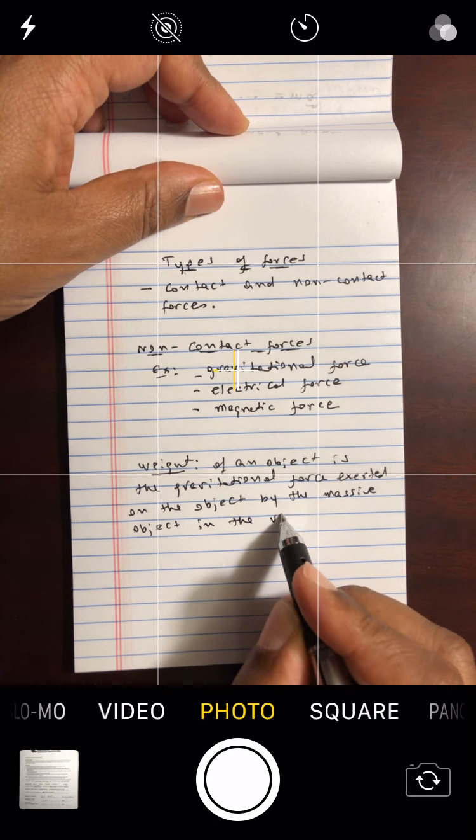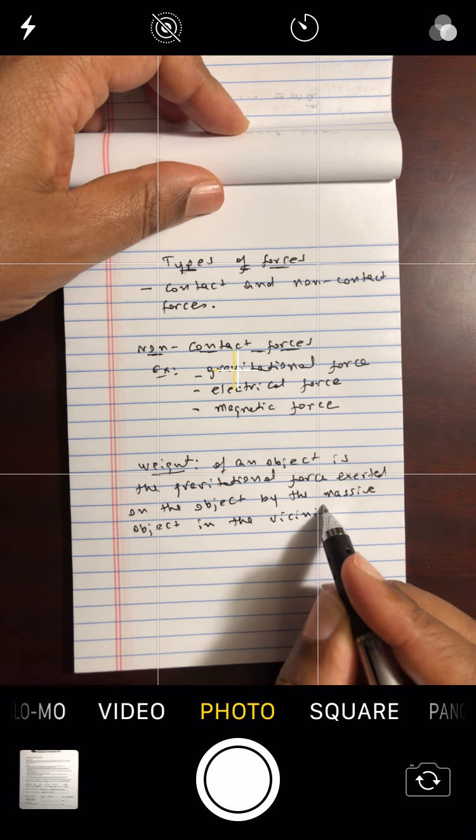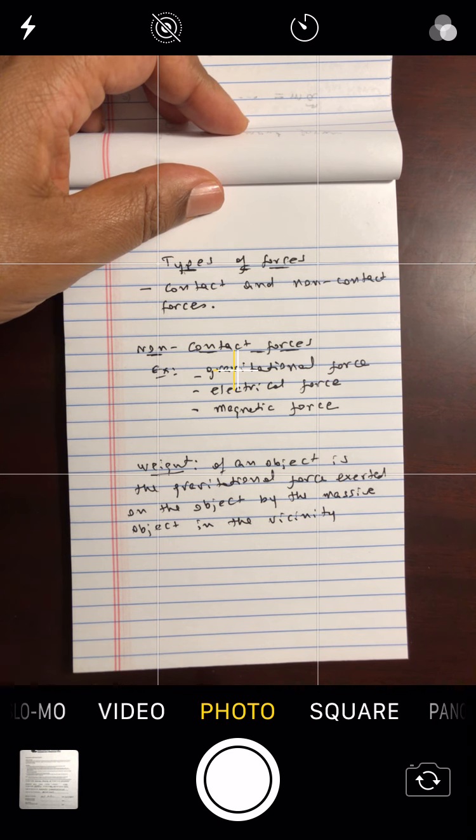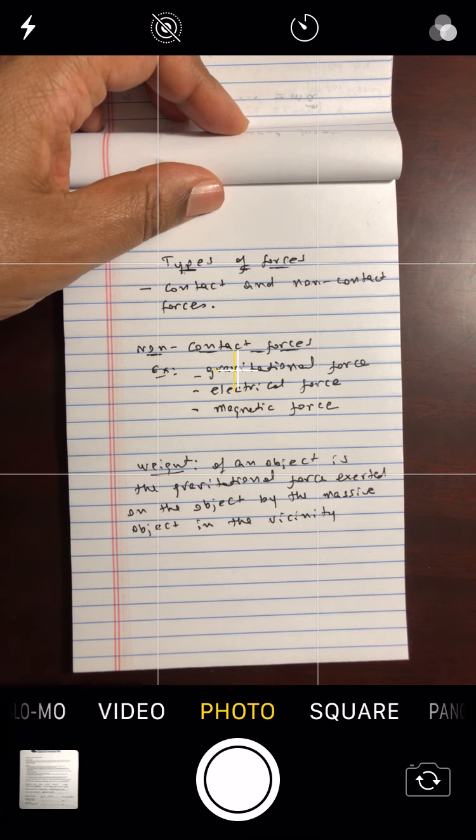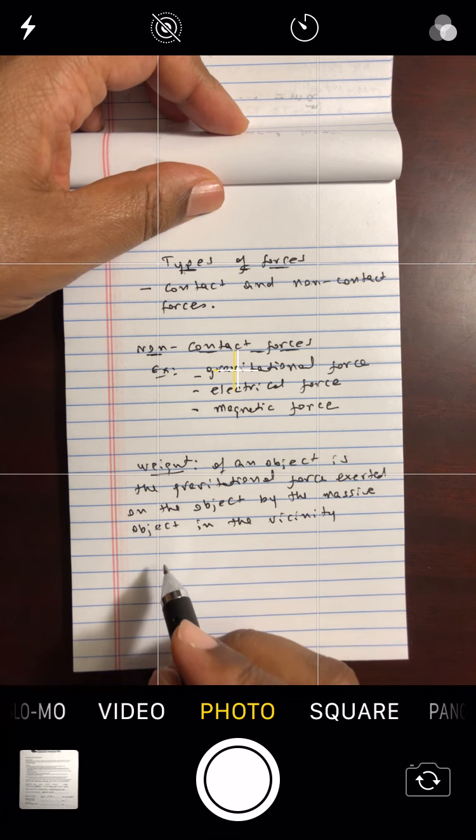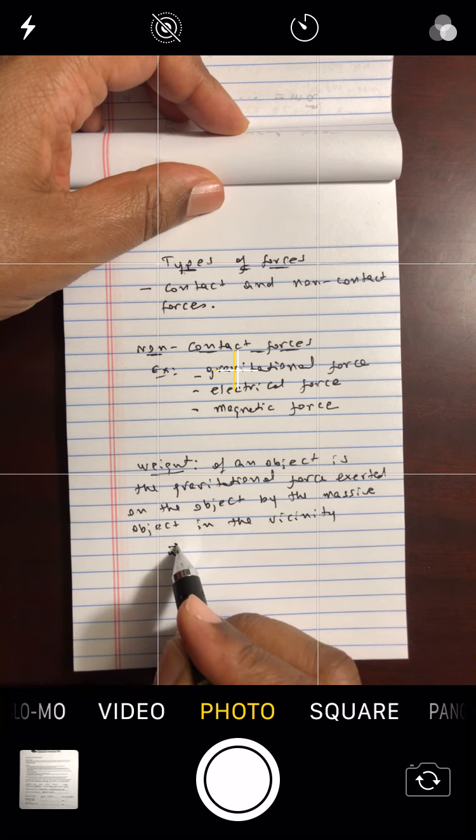So what this means is the weight of an object on the surface of Earth is the gravitational force exerted by Earth. The weight of an object on the surface of Mars is the gravitational force exerted by Mars, and so on. Okay? So let's represent this weight by W.